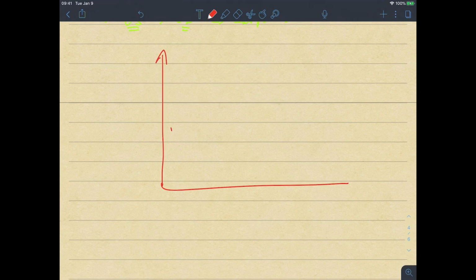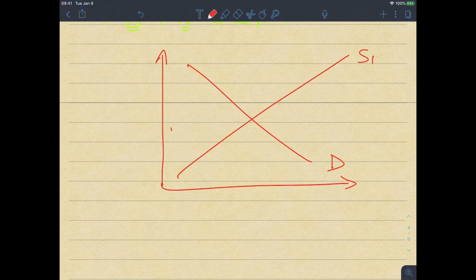So this is our demand and supply. Let's label them as S1 and D1. This E1 is our initial equilibrium point, and P1 is the initial price, Q1 is the initial quantity.